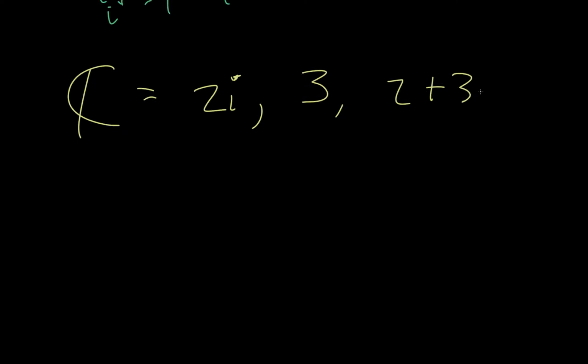Now, taking what we know about imaginary numbers, we're going to talk about complex numbers. So complex numbers can be purely imaginary, so it can be 2i. It can be purely real, so it can just be the number 3, or it can be something like this, where we have a real part and we have an imaginary part.